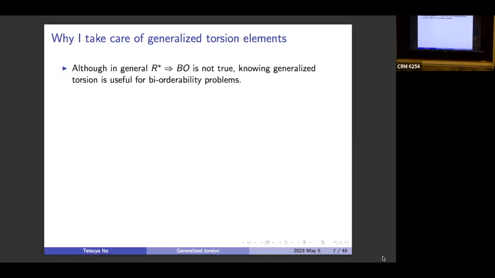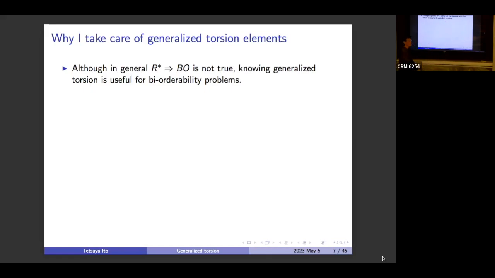Now let me explain why I take care of generalized torsion elements. First of all, as I mentioned, generalized torsion elements do not exist for bi-orderable groups. So checking whether a generalized torsion element exists or not gives a useful criterion to check whether a given group is bi-orderable or not. However, in general, an R star group without generalized torsion does not always imply that it is bi-orderable, so this direction is not true.